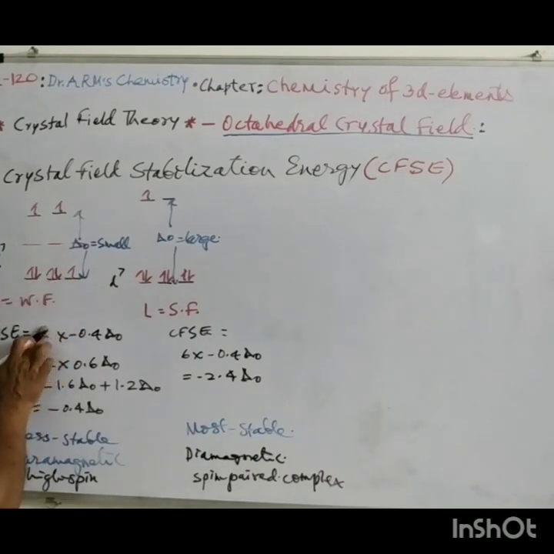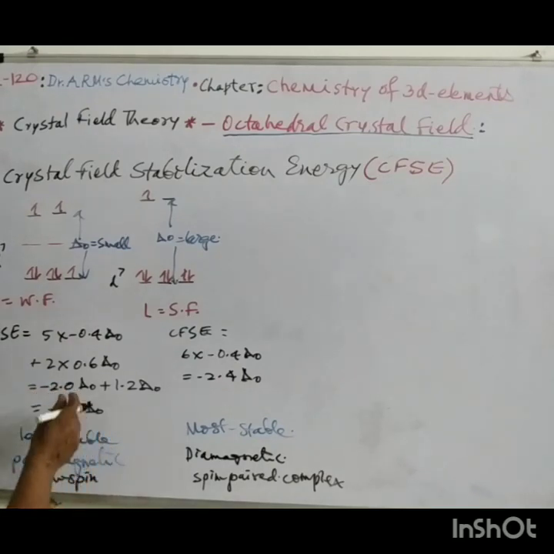How many electrons are there? 5 into minus 0.4 plus 2 into 0.6. So 5 into minus 0.4 means minus 2.0 delta O, plus 1.2. So it gives a total of minus 0.8 delta O.